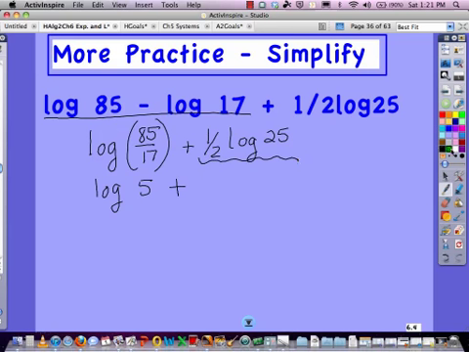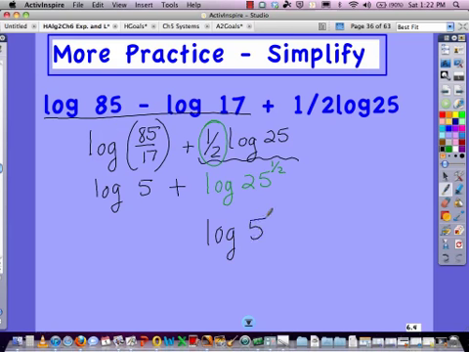And what did we say about that multiplier out front? One of our properties says I should turn it into an exponent. So if we rewrote this, another way to write this same statement would be this. But your brain should be saying, wait a minute, 25 to the 1/2 is nothing more than saying the square root of 25. So then we're looking at another way to say log of 5.